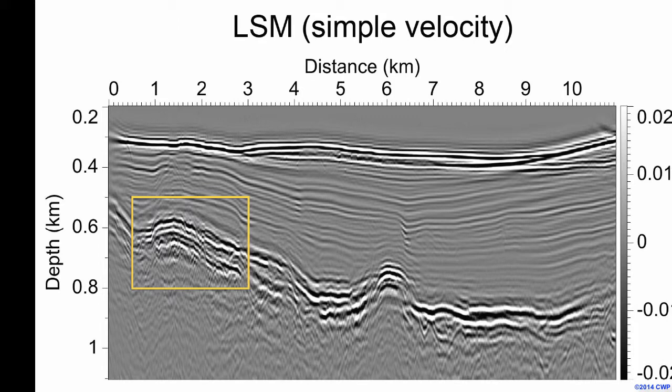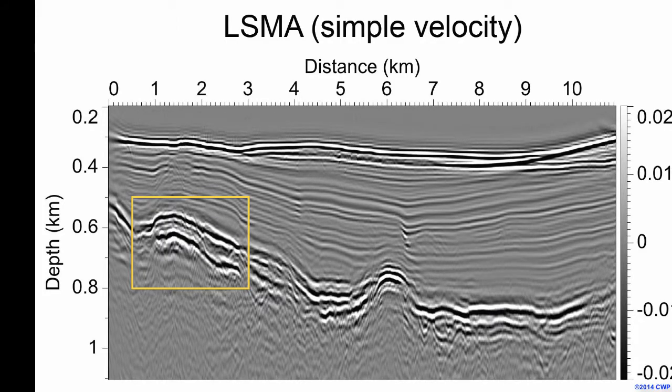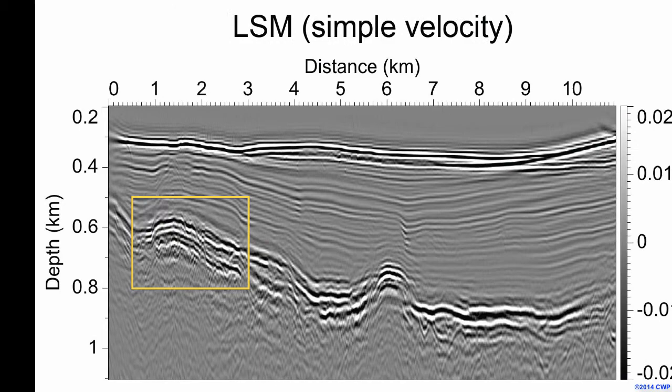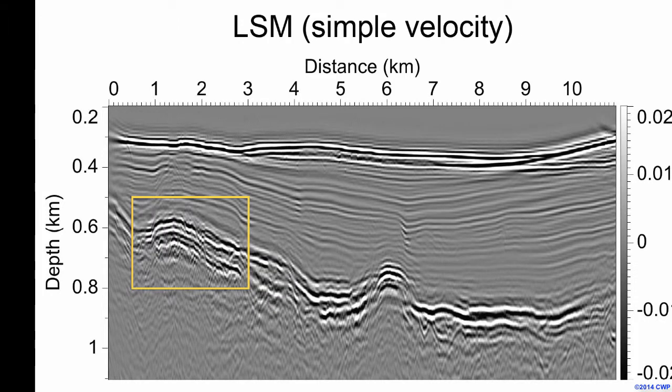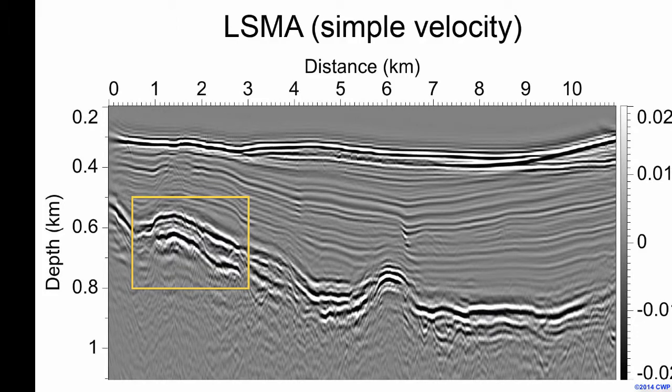So now let's see what happens when we use amplitude-only migration. So here's the least squares migration for the simple velocity, and now here's the amplitude-only migration. And so the first thing you might notice is that reflectors are not shifting so much. This means that the reflectors are still misplaced in the case of amplitude-only migration.